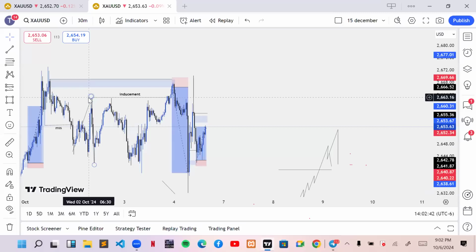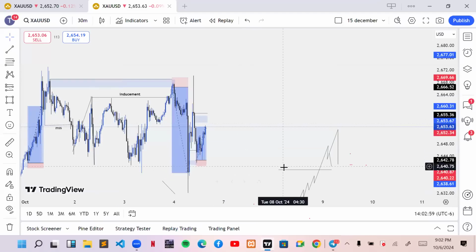It broke structure too, so this was the shift in market structure. After that, the market made this pullback here that took the market down to the zone it broke structure from. That was why I marked this one as my inducement. You can still mark this one, it won't matter. But I picked the first one. I always pick the first one.